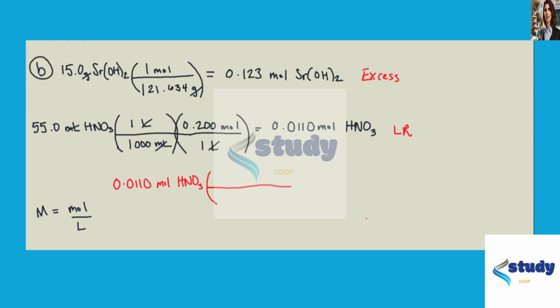Since I'm trying to cancel nitric acid, that's going to go in the bottom. So 2 moles of HNO3 for every 1 mole of Sr(OH)2.